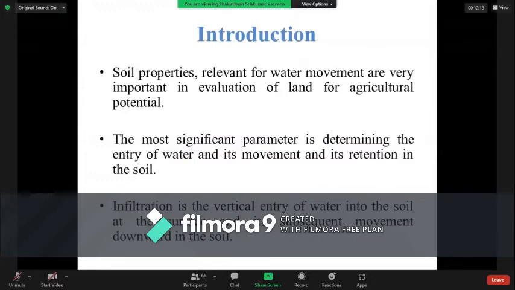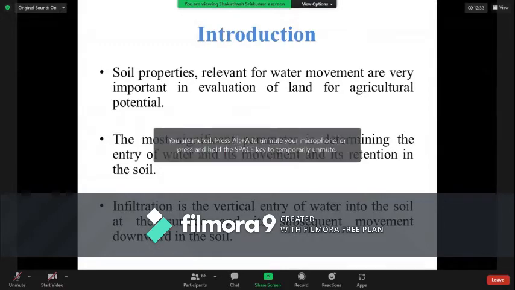Soil properties relevant for water movement are very important in evaluation of land for agricultural potential. The most significant parameter is determining the entry of water and its movement and its retention in the soil.